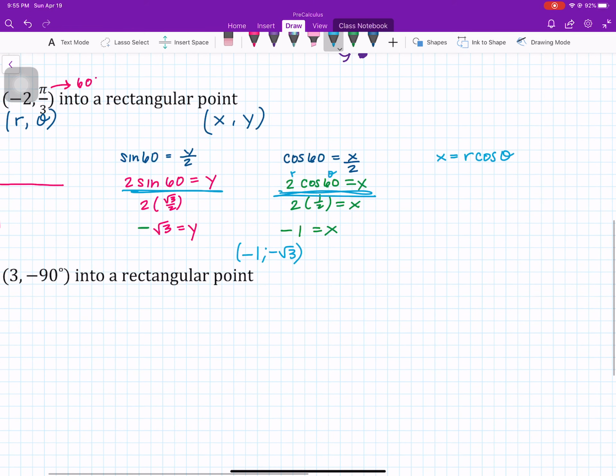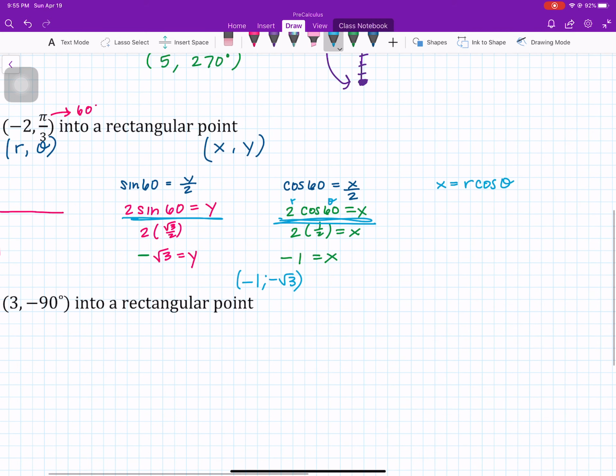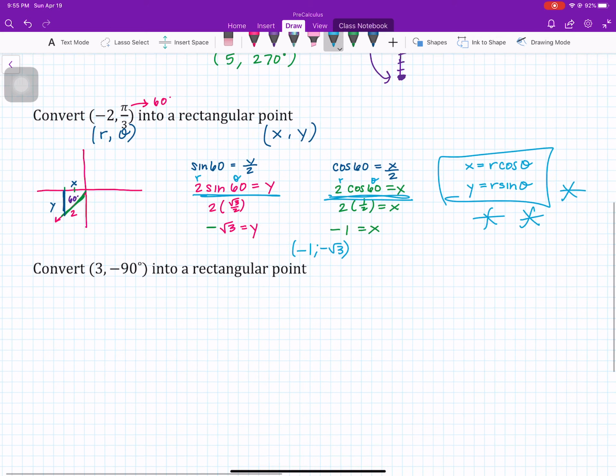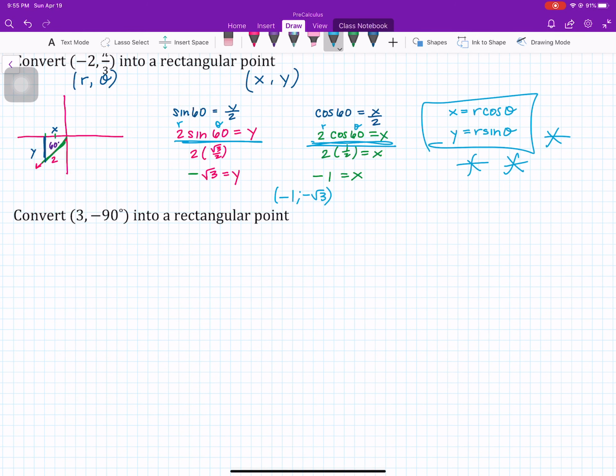And then you can find your y value by taking your radius and multiplying it by the sine of your angle. So this would be something to really add into your notes. It's pretty important. And for our next example, let's go ahead and use this.